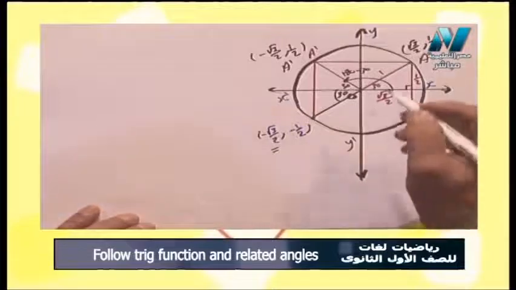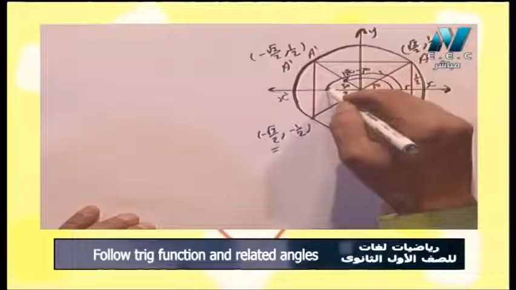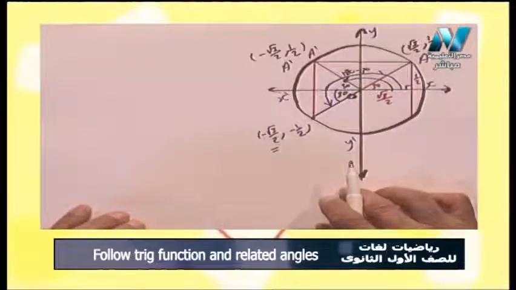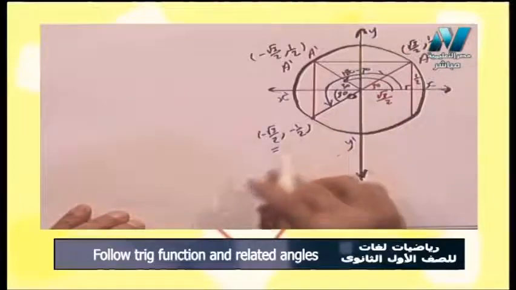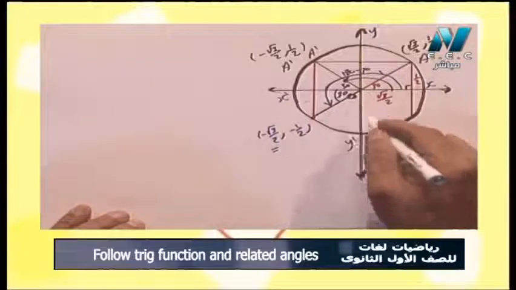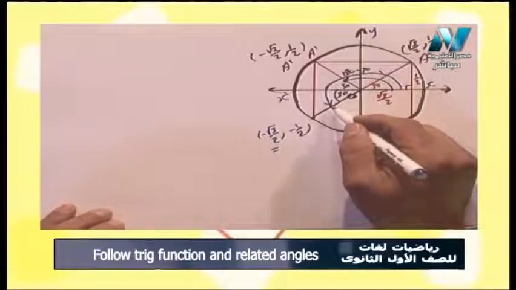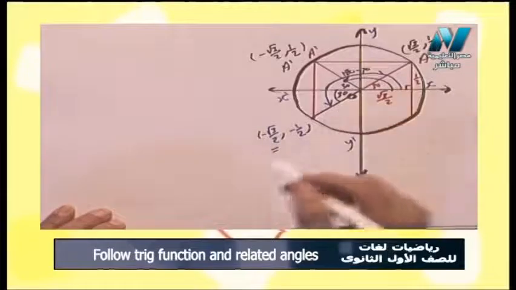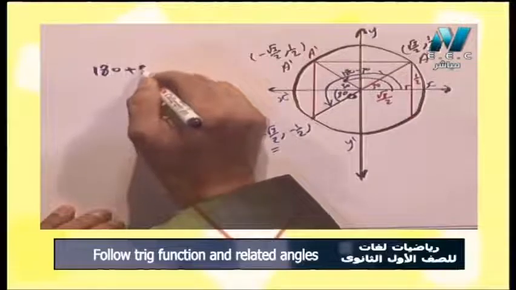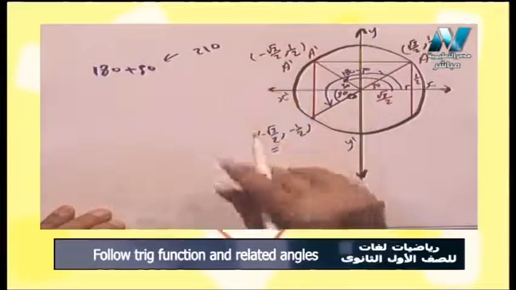So what is this angle now? This angle will be 180 plus 30. So we have a new angle lying in the third quadrant here, and it equals 180 plus 30, which is equal to 210, of course.